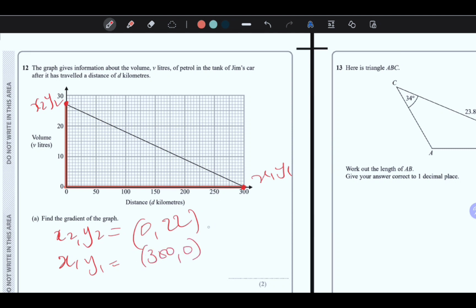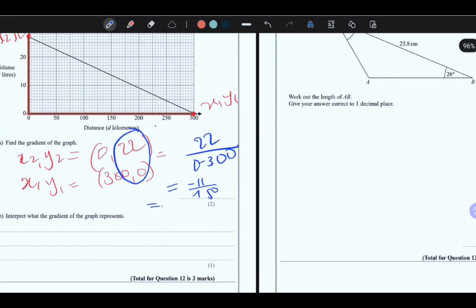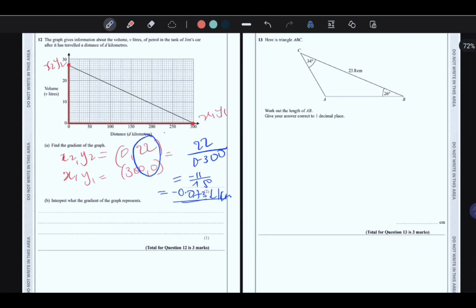So if we subtract both of these values, we do y2 minus y1, that will give us 22 over x2 minus x1, and that will be negative 11 over 150, which I must say would be equal to negative 0.073, and this would be liters per kilometer. Okay, now first of all, this is negative.